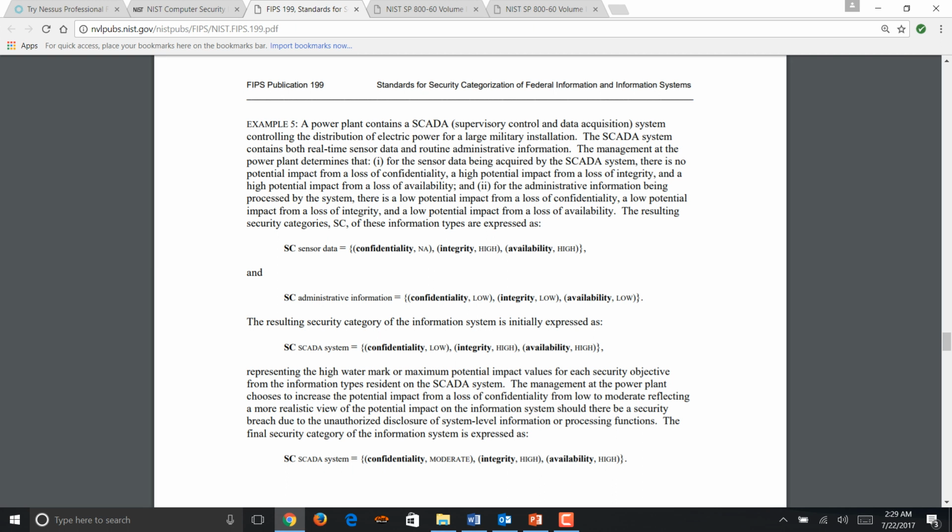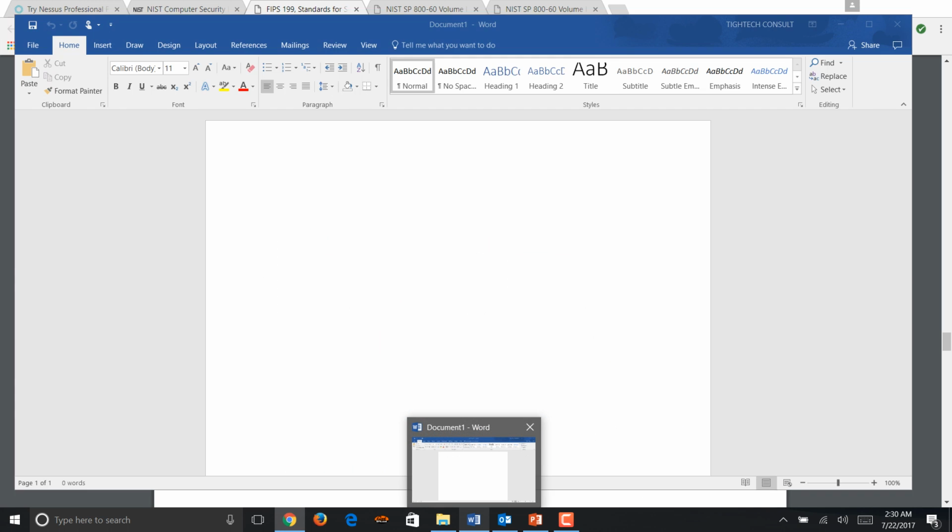And 2, for the administrative information being processed by the system, there is a low potential impact from loss of confidentiality, a low potential impact from loss of integrity, and a low potential impact from loss of availability. Now, the resulting categories of these information types is expressed thus. However, let me help you to further understand this categorization.